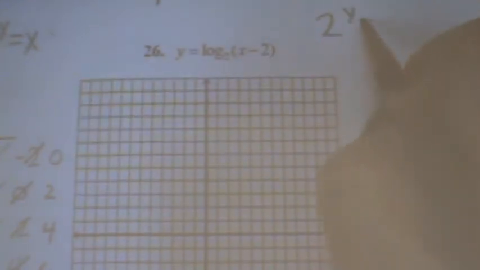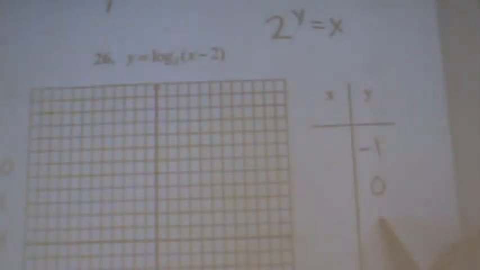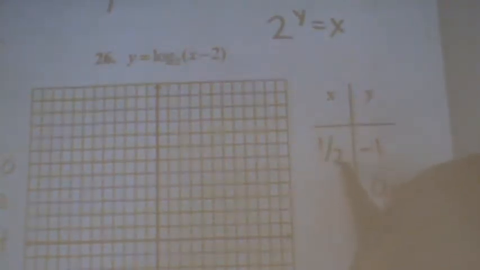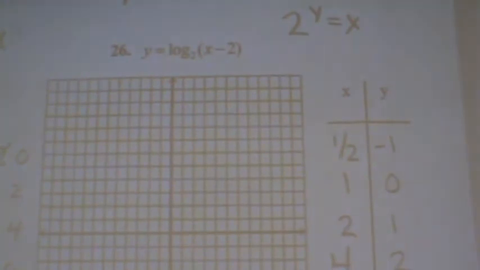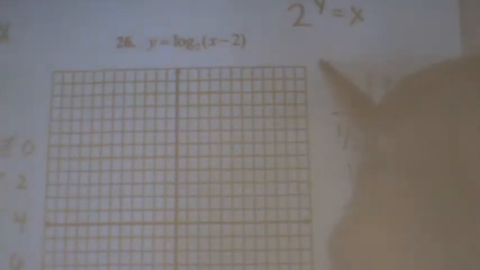And the last one. Your parent function is 2 to the y power is x. So again, -1, 0, 1, 2. And what do you do with this now? You're going to add 2 to the x values.